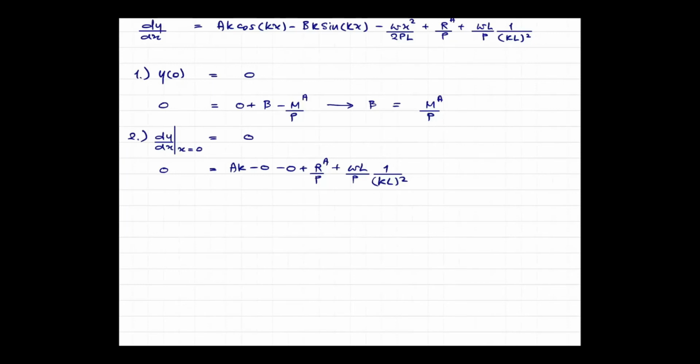So A is equal to minus RA over PK minus WL square over P times 1 over KL cube.